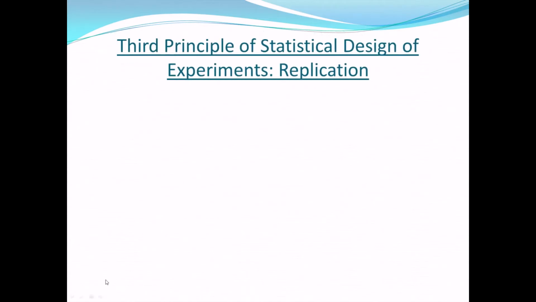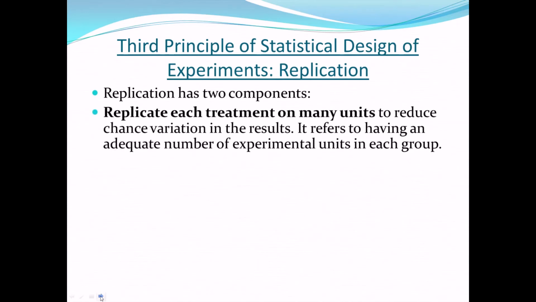All right, so we have control, we have randomization, we have replication. The issue here is twofold. There are actually two things we need to concern ourselves with. The first one is going to be a replication of each treatment on many units. If you just put a treatment on one person or two people, you just may have picked really crazy people with crazy characteristics.